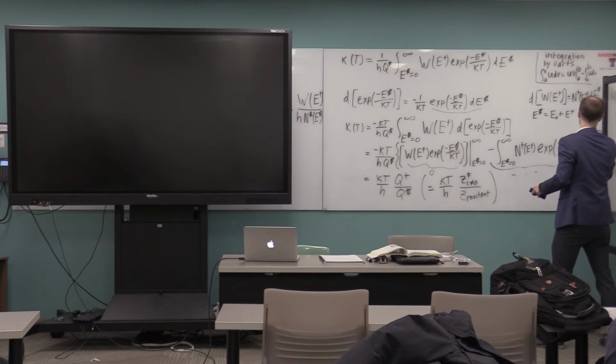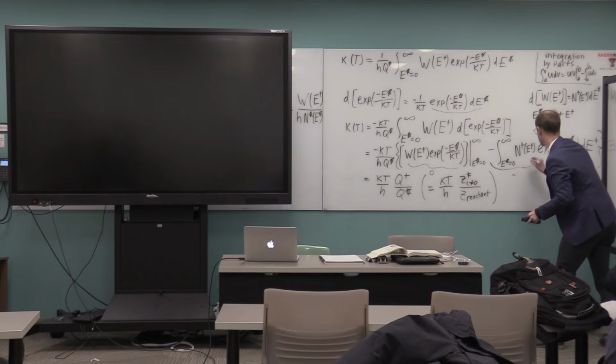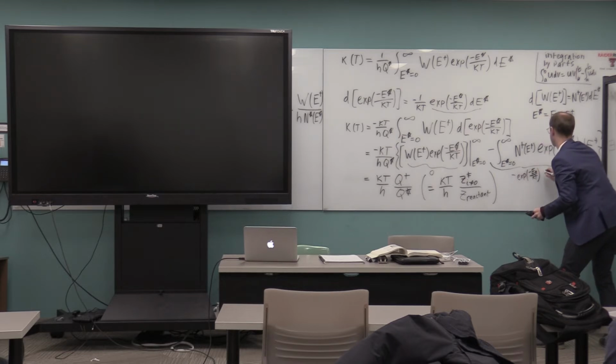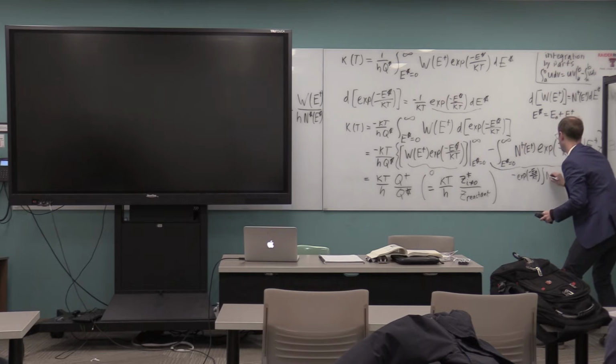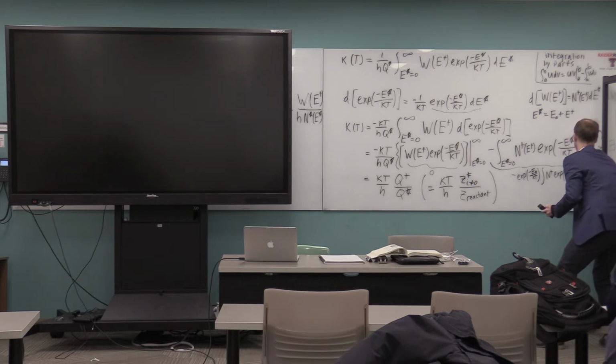So you can change dE equals dE plus, and then this integral is minus exponential of minus E0 over KT times the integral of n plus times exponential of minus E plus over KT dE plus.